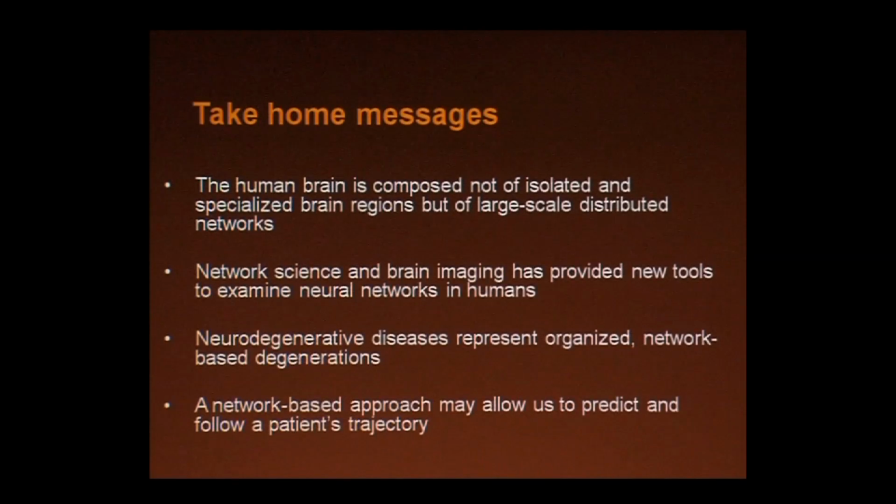So I'm going to start with my take-homes and tell you that when we think about how the brain is organized, it's not a patchwork of isolated, specialized regions that operate independently from each other. Instead, our brain safeguards a host of large-scale distributed brain networks that interact across large spaces in the brain and interact with each other.